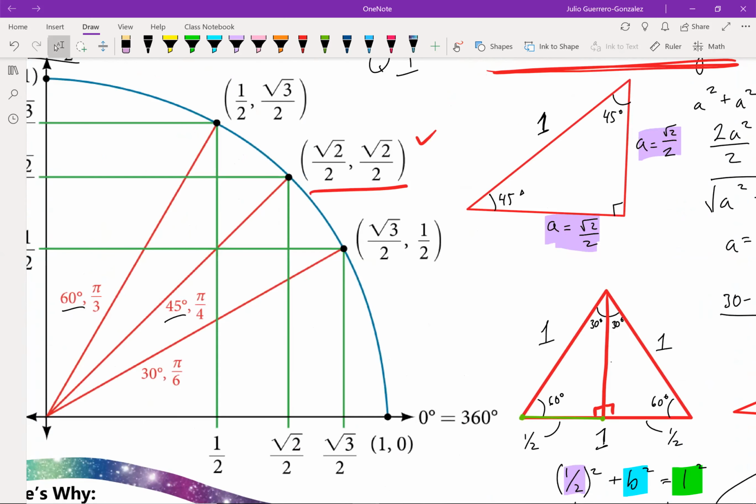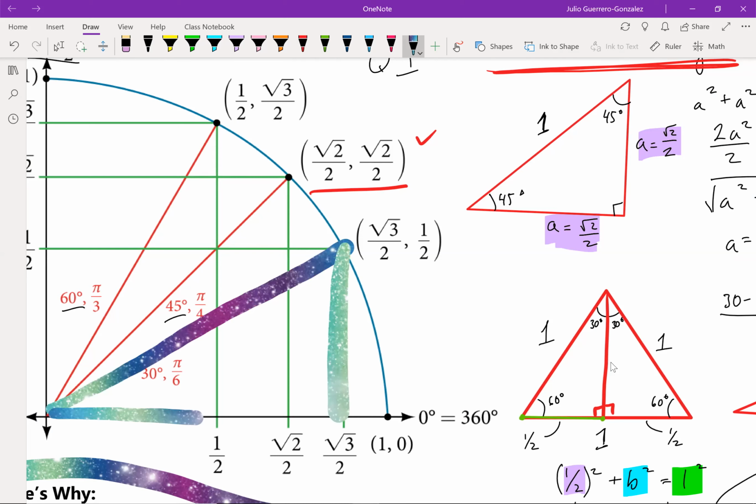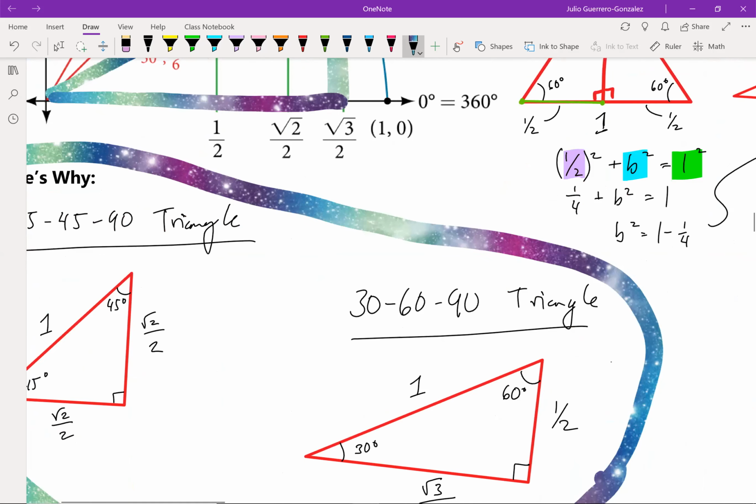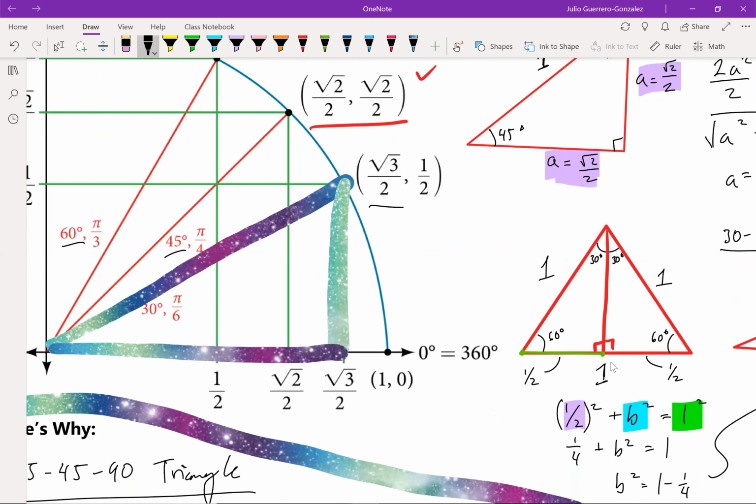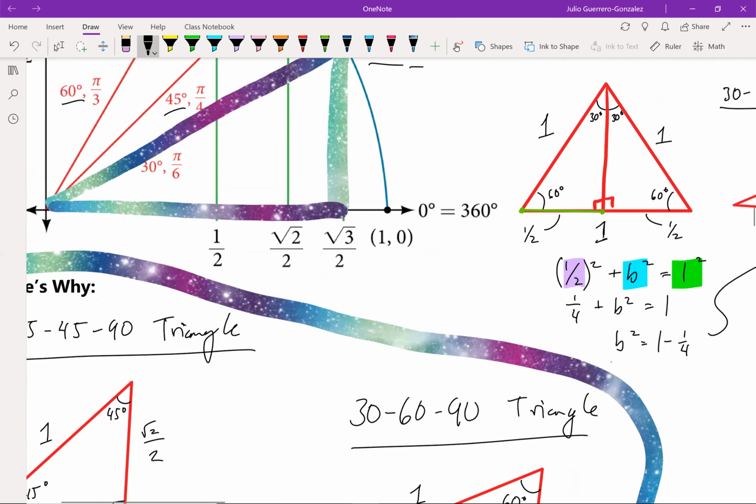So if you take a look, we have a 30, 60, 90 triangle right here. So that's where we get our legs, the root 3 over 2 and the 1/2. So our x is the root 3 over 2 and our y is the 1/2, just how we have it here.